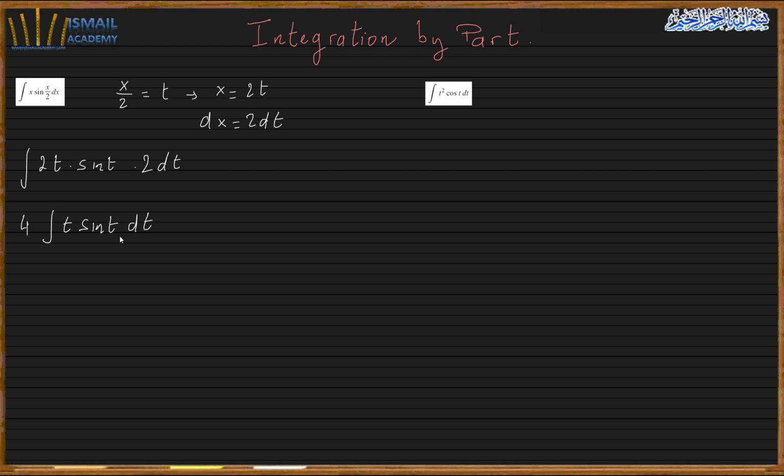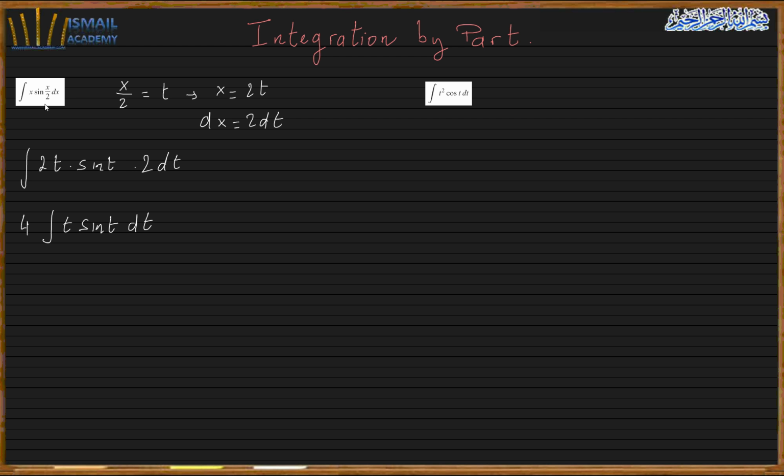Now my question has become very, very simple, and this is the main point of substitution, to make your expression very simple. If you have any function inside of sine, cosine, ln, or any other function, try to make the inside your u. At least you transform the whole integral into a very simple expression.